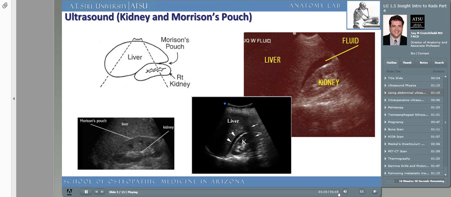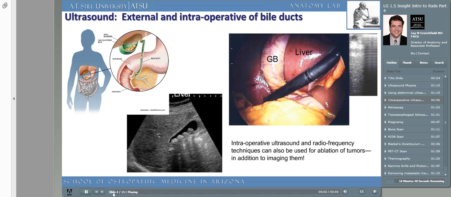physiologic amounts of fluid. Ultrasound is usually performed external to the body, through the skin, and can also be performed intraoperatively into a variety of anatomical cavities, for example, the thorax, the abdomen, or the pelvis. Here we can see an intraoperative ultrasound probe used to assess whether there are gallstones in the gallbladder and or the common bile duct.